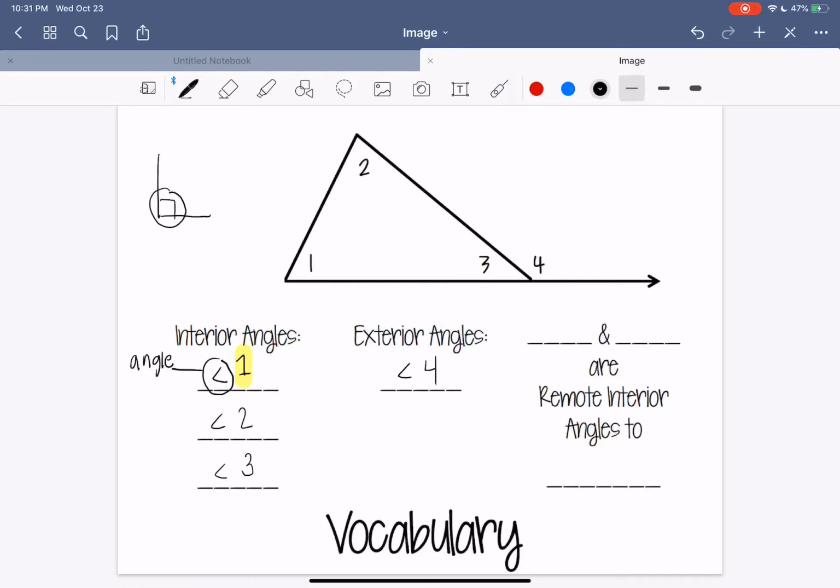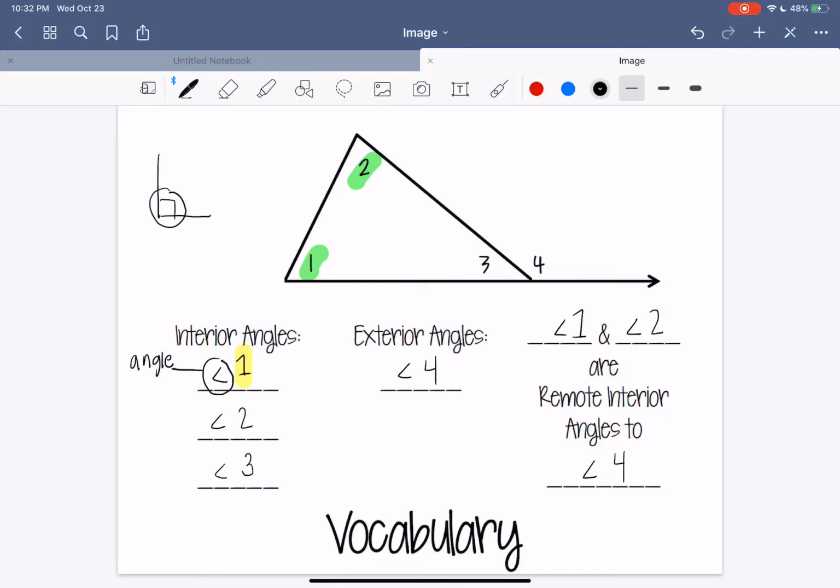So we said that when you use a remote, it is to access something that's furthest away. So if we're trying to access this thing that's the furthest away, we're going to use angle 1 and angle 2. So angle 1 and angle 2 are remote interior angles to the furthest away, which would be angle 4.